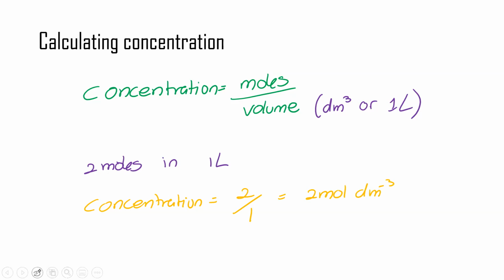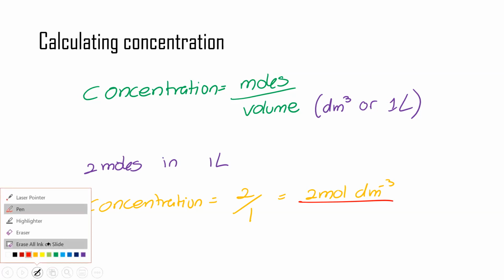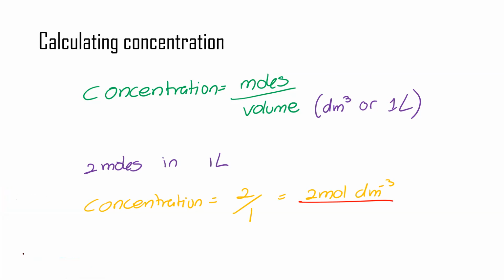So every time we see something like this, we can then say 2 moles in 1000 centimeters cubed, or 2 moles in 1000 milliliters, or 2 moles in 1 liter. And then we will be using simple proportion to work from here on.